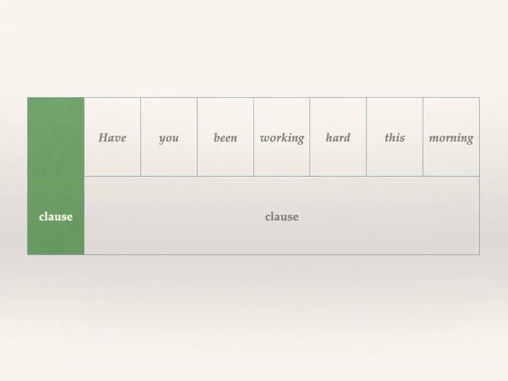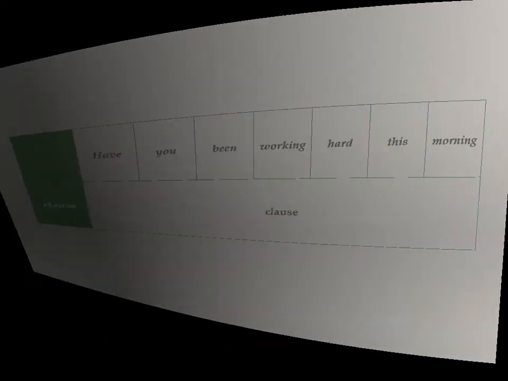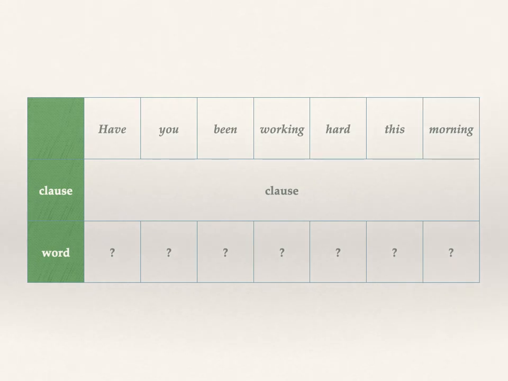So the version I have here is, have you been working hard this morning? Not you have been working hard this morning, but have you been working hard this morning? That's a clause, certainly. Or we can ask, what does it consist of? Well, traditional grammar would tell us it consists of words.